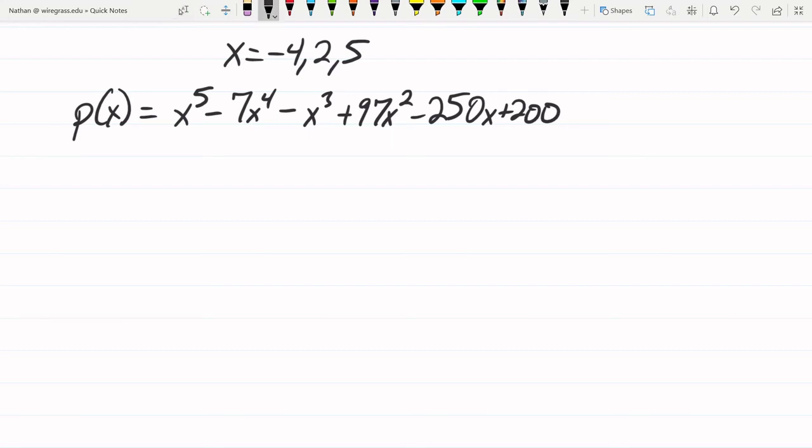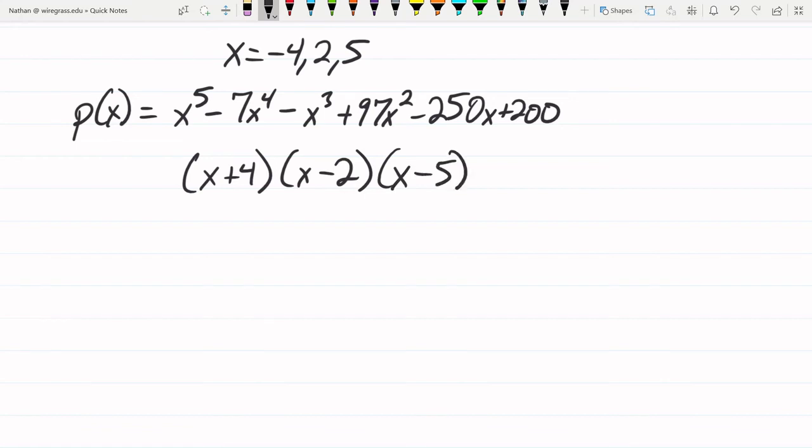And what I can do is think of these as x plus 4, x minus 2, and x minus 5. These are the factors of this polynomial that correspond to these 3 zeros. And these are in the correct form for us to use synthetic division. So let's go ahead and try that out.